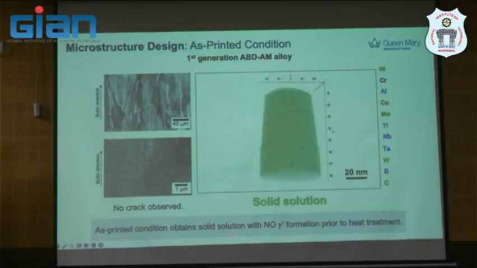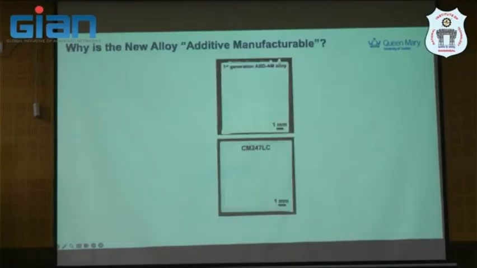And then we found that there was no gamma prime forming in this new series of compositions we're looking at. It is supposed to have 25% gamma prime at nominal composition, but we found no gamma prime, even prior to heat treatment, in the as-printed condition. A solid solution. And then why is the new alloy actually manufacturable?